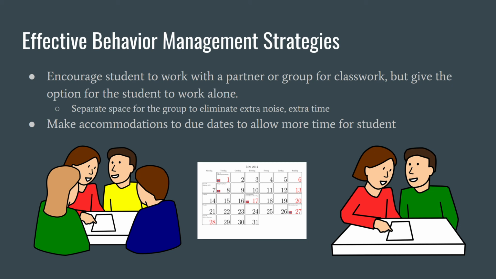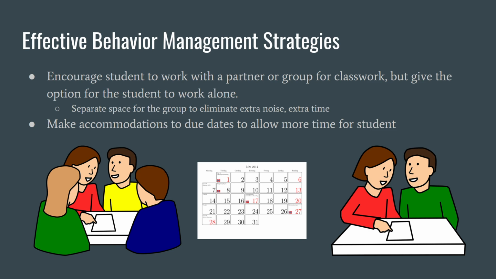But some ways you can help a student be successful in a group activity is to have a separate setting for the group so that it helps eliminate some extra noise that is happening in the classroom. They may need some extra time to be successful.